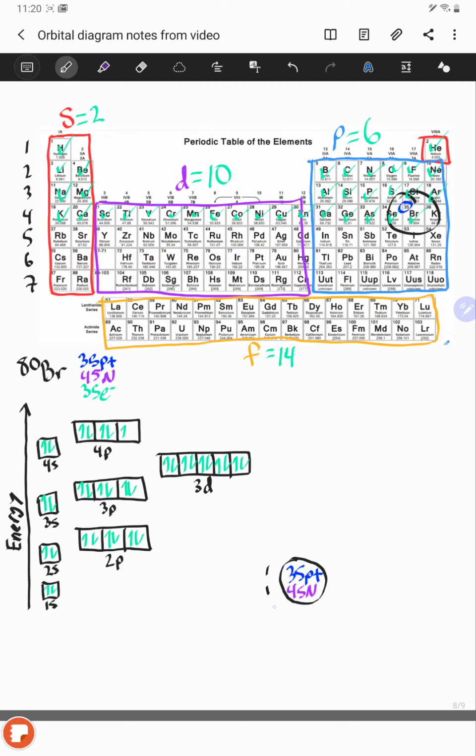And then we have our first energy level. We have our second energy level. And how many energy levels do we have total? Well, we're going to see that bromine is located on the 4th energy level. 4th row of the periodic table corresponding to the 4th energy level, so there are 4 total energy levels.